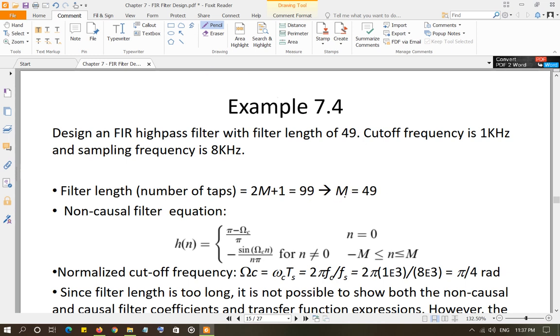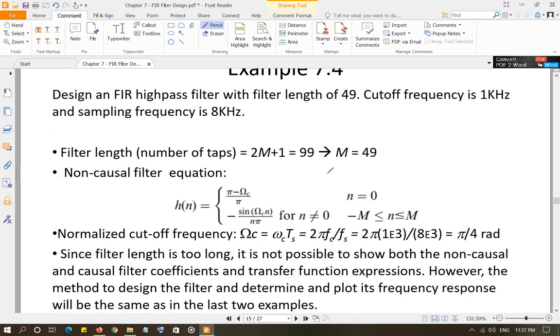If it is 49, then m is 48 divided by 2, which is 24. So 2m plus 1 is equal to 49. So m is equal to 24.